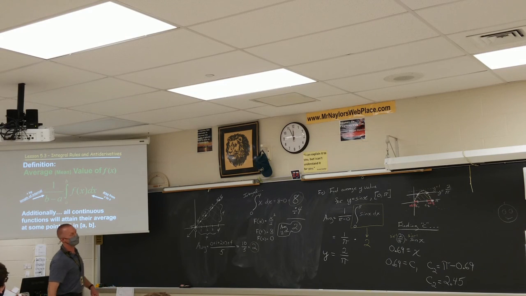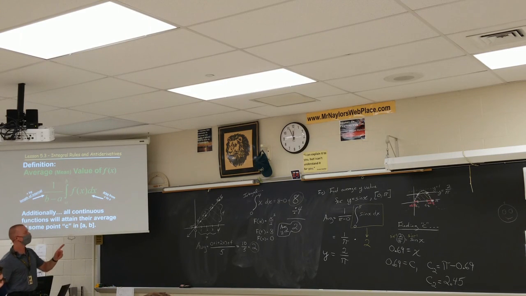We're simply saying that at 0.69 or at 2.45, the sine wave attains its average, that the sine wave will equal 2 over pi. And that's always going to happen somewhere. There's a neat application for average y value for something worthwhile, but right now it's just for the sake of finding it.